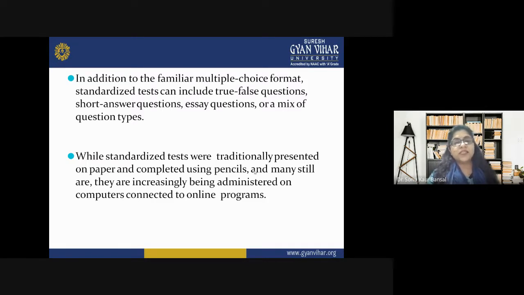While standardized tests were traditionally presented on paper and completed using pencils, and many still are, they are increasingly being administered on computers connected to online programs. And nowadays we all know that many researchers are collecting their data through online processes. They create the questionnaire, convert their standardized test into a Google Form, and collect the data. So you can collect the data from a standardized test face to face, or you can collect it through technological means also.